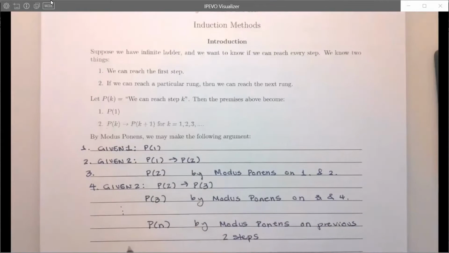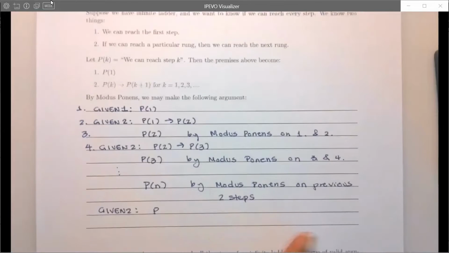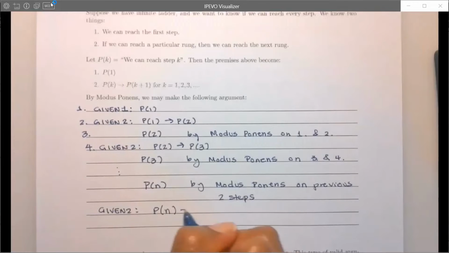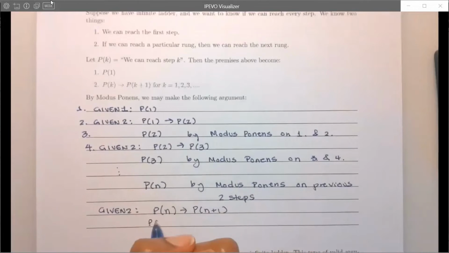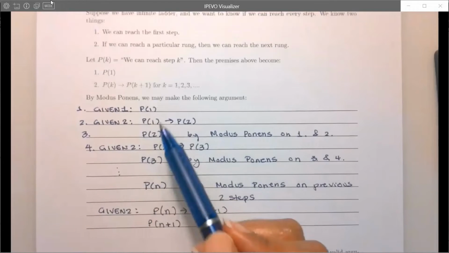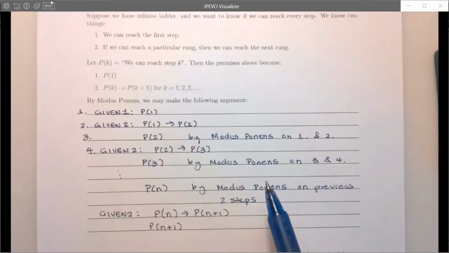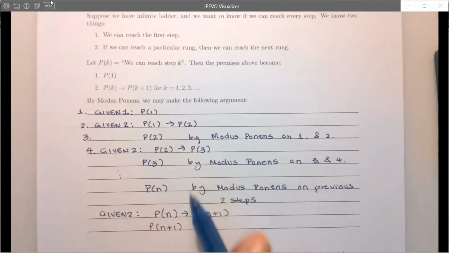Then we have as a given that P of N implies P of N plus 1. So then we would be allowed to conclude that P of N plus 1 is true, meaning we can reach the step N plus 1. This one's an infinite ladder, so this process would continue forever, but we could eventually prove that we're going to reach every single rung.